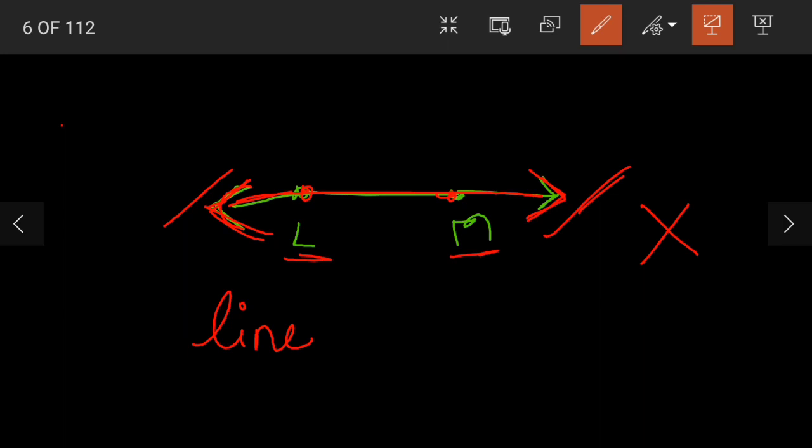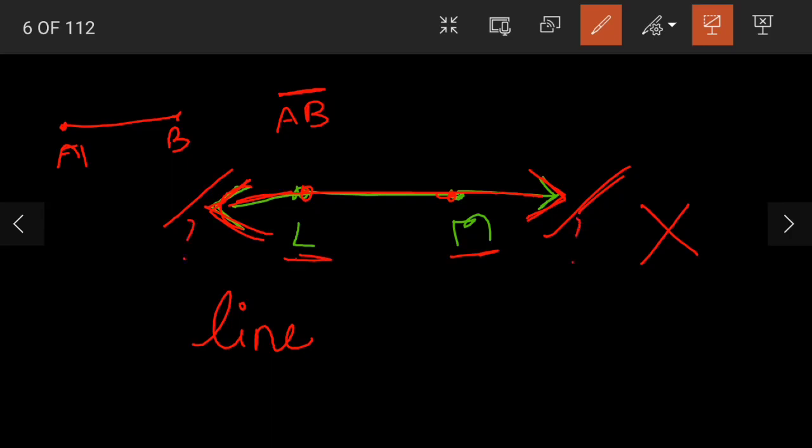But to name our line: for a line segment, for example, if we take this line segment AB, how did we name this? We named it using the endpoints AB, and we drew a line over it to say that it is line segment AB. Yes. Now how will we do it with a line? A line has no endpoints.